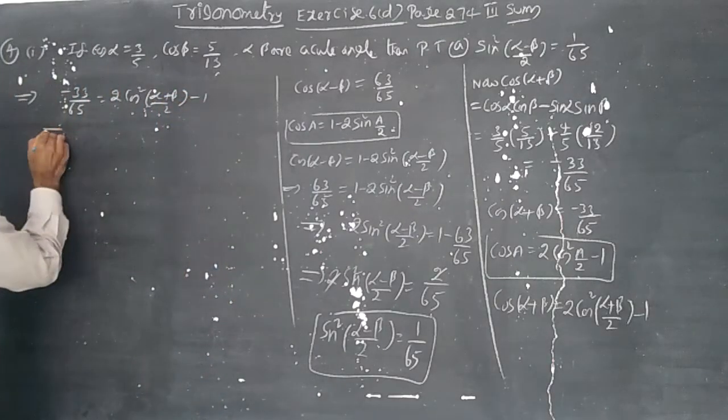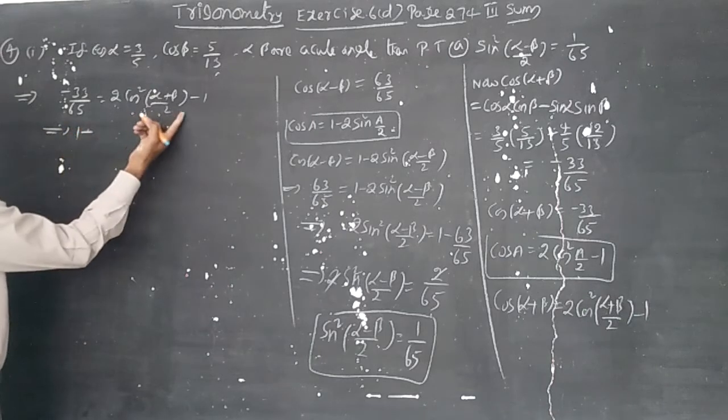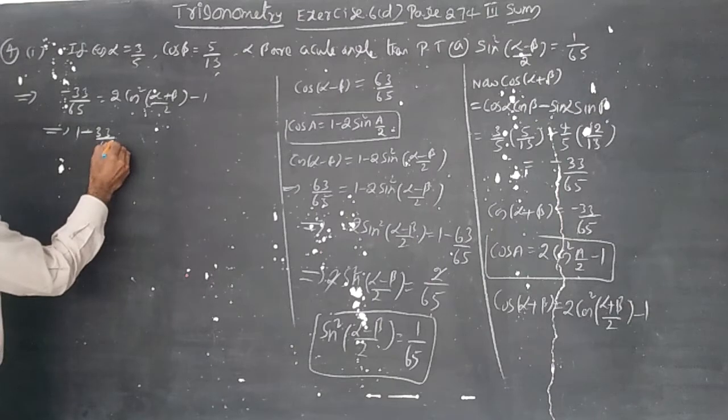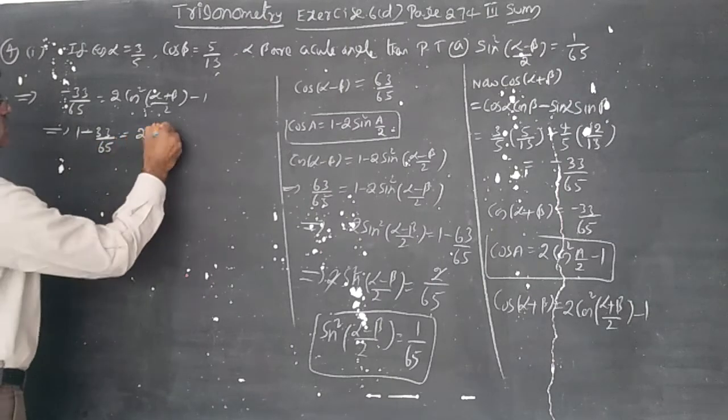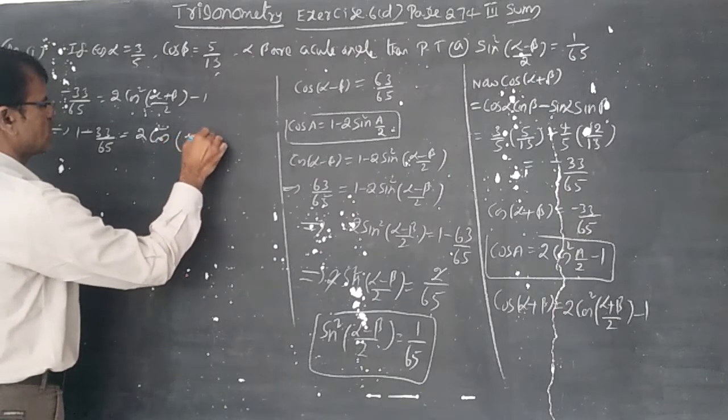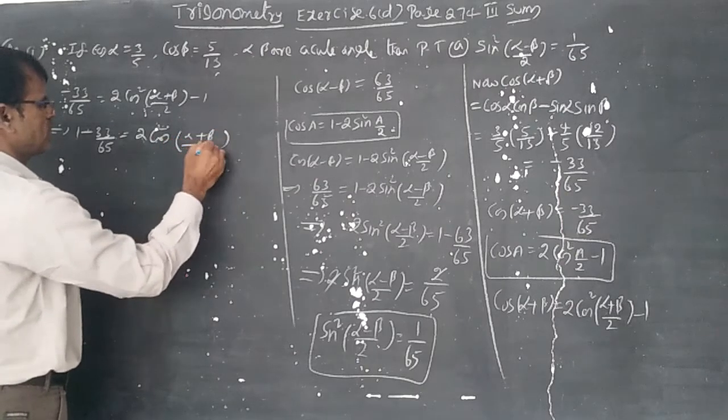So minus 1 taken this side becomes plus. So 1 minus 33 by 65 is equal to 2 cos square of alpha plus beta by 2.